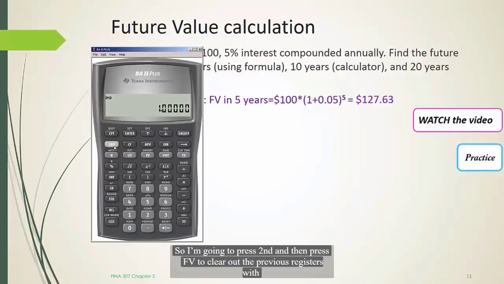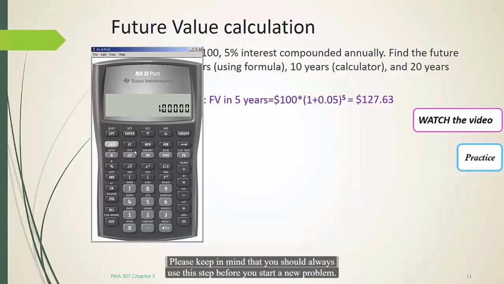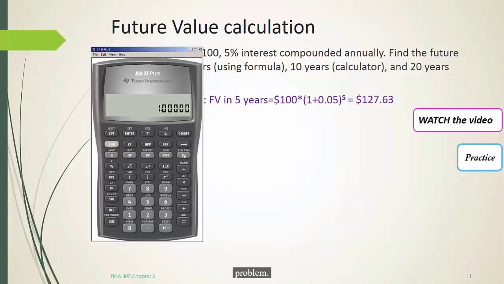So I'm going to press second and then press FV, future value, to clear out the previous registers of the time value of money functions. Please keep in mind that you should always use this step before you start a new problem. Otherwise, the previous entries or the previous memory may mess up your calculation on this problem.